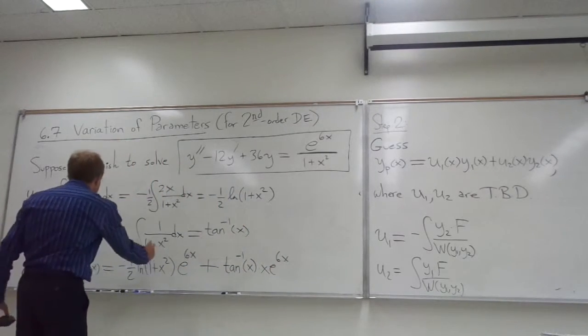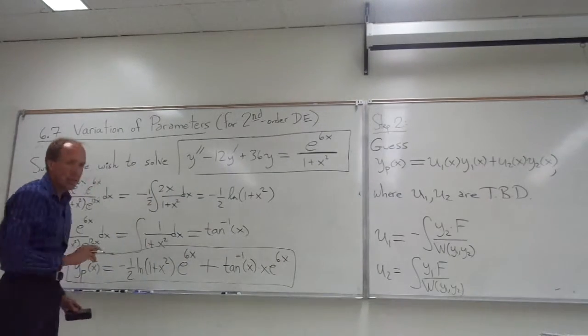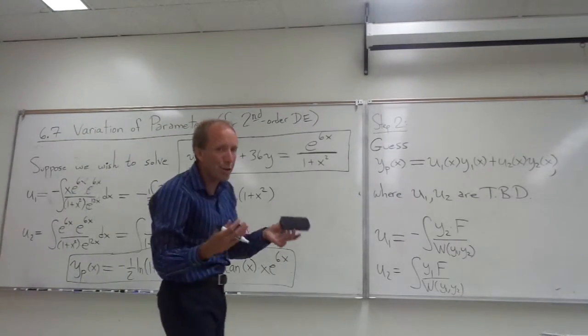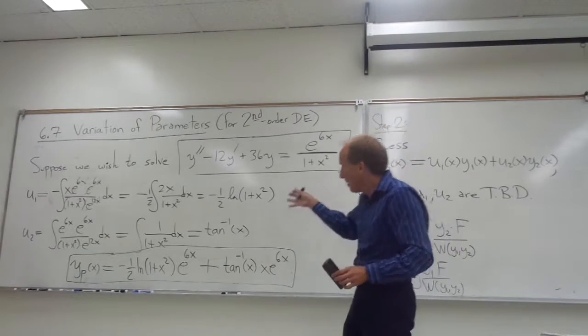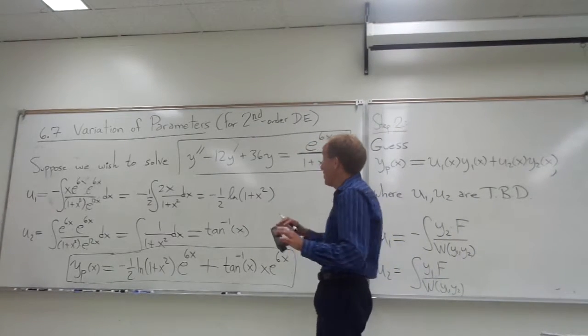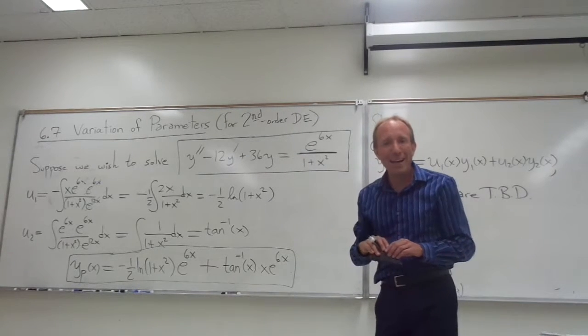Okay? So this then is my particular solution. This is the alternative way, the variation of parameters way of finding the particular solution when I don't know how to annihilate the function capital F on the right side.